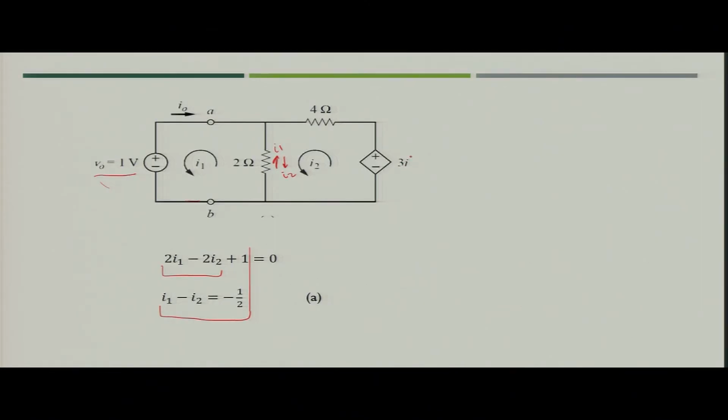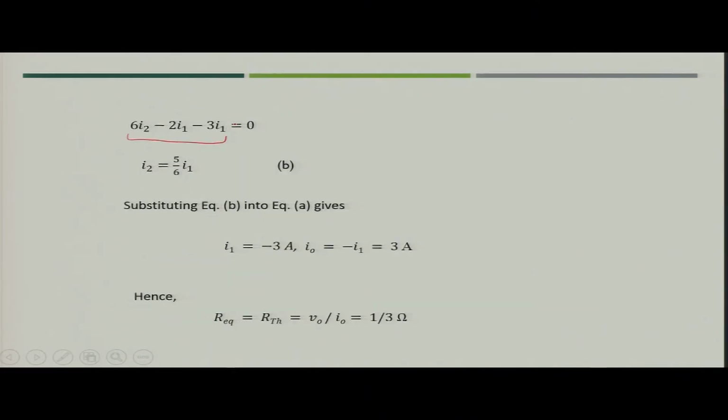The value of this is nothing but the current which is flowing through the inductor. If we connect the inductor here, the current flowing in the inductor would be I1. So, the value of the dependent source would be 3 I1. So, this we have got now.